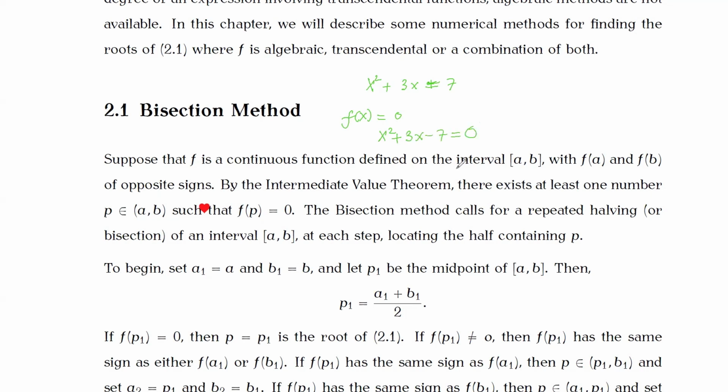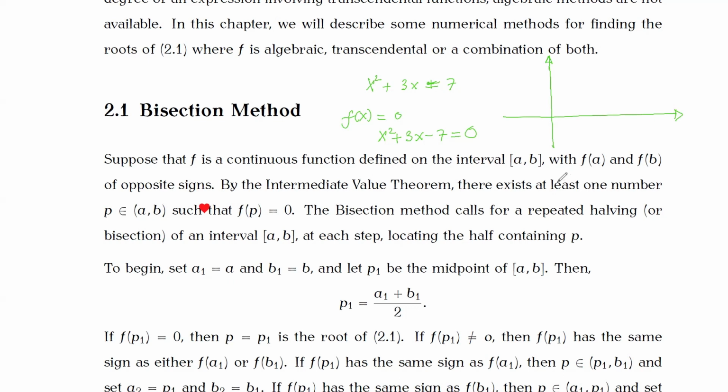You will notice that for this equation to be equal to 0, we need to find the values of x that we substitute in the equation in order for it to be equal to 0. Those values we're looking for are called the roots of the equation, or the zeros of the function.